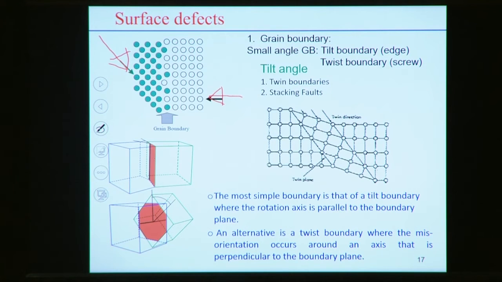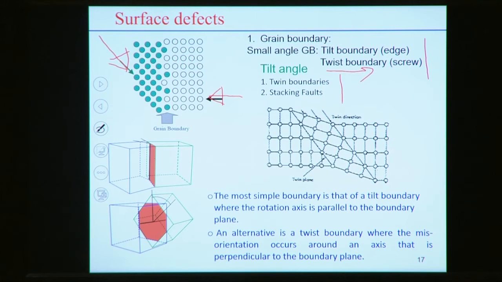The small angle grain boundary again can be a tilt boundary or a twist boundary, where the tilt boundary is represented in terms of edge dislocations, and the twist boundary is correlated with screw dislocations. Now we need to find out about the tilt angle, and in the next part I will focus on how to find the tilt angle. Twin boundaries and stacking faults are the other kinds of defects we generally observe.